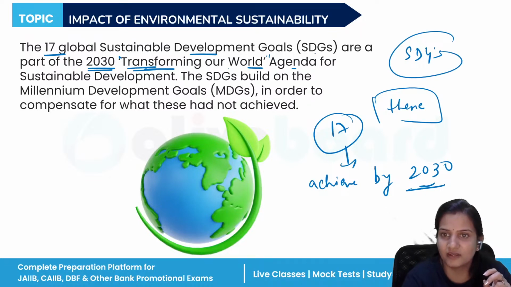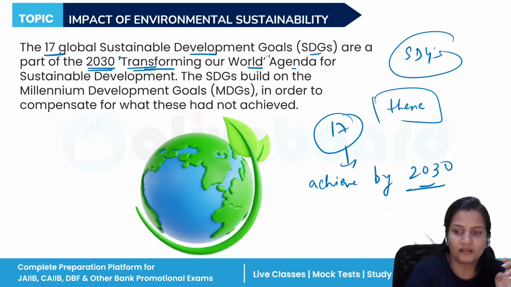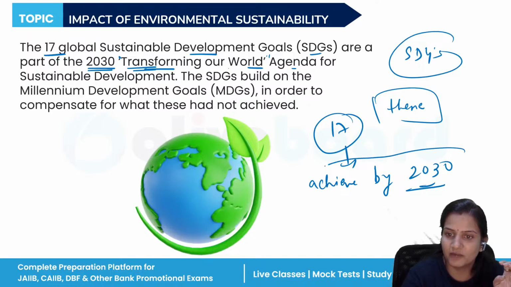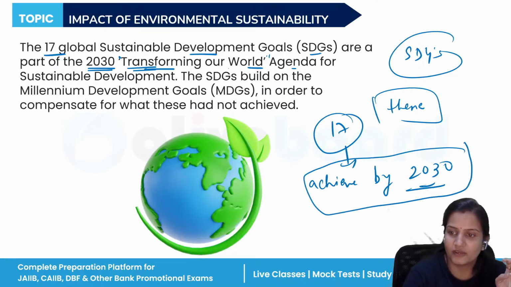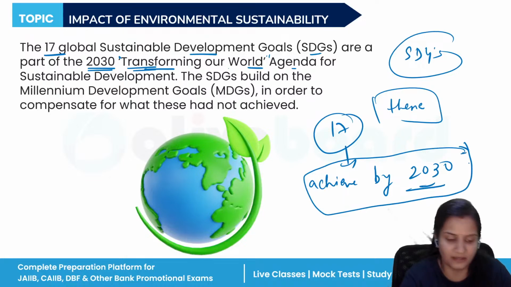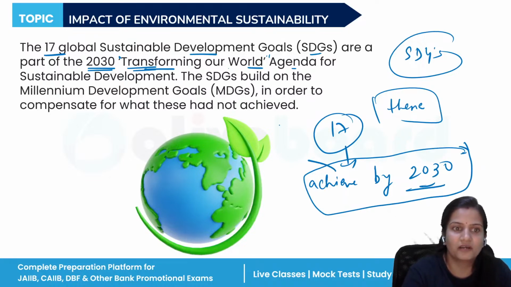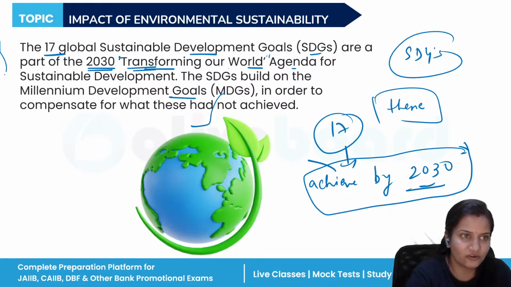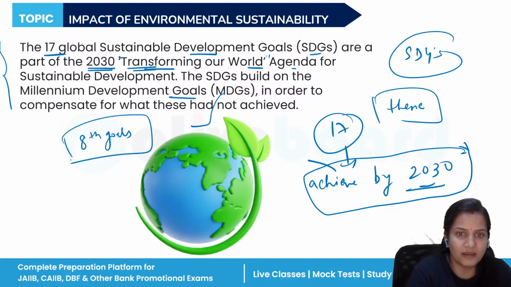Till now, we have not achieved them all, so we have a few more years left to achieve all 17 goals by 2030. These have been built on the Millennium Development Goals. For your extra reference, the MDGs had 8 goals, and when the Millennium Development Goals were established, we completed all of them within the time period.